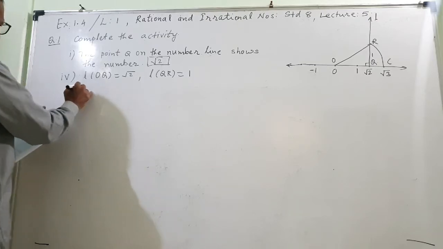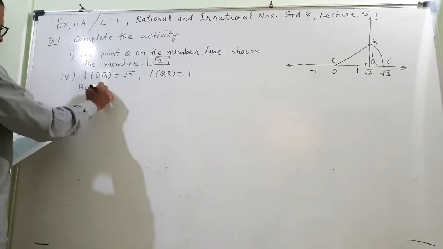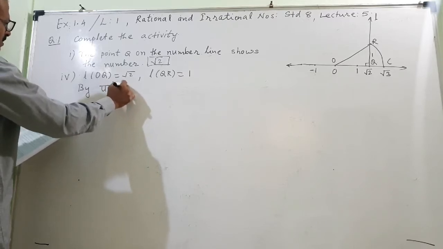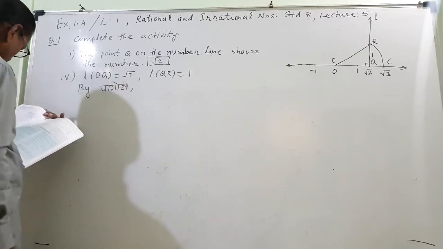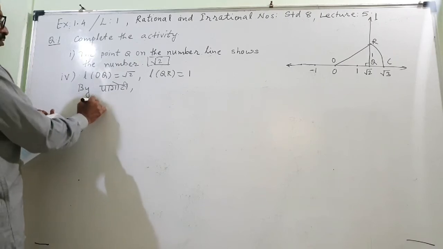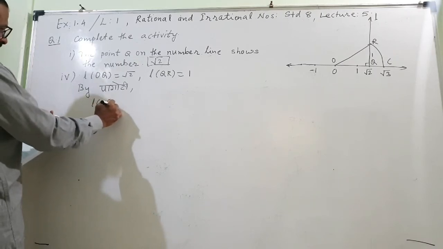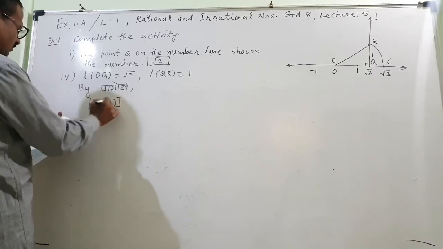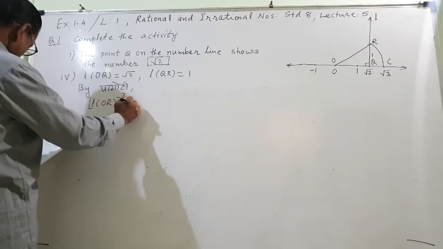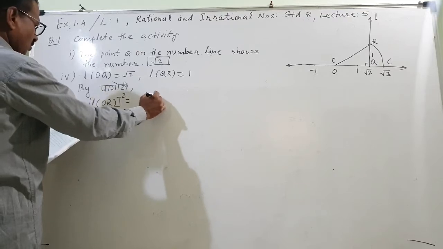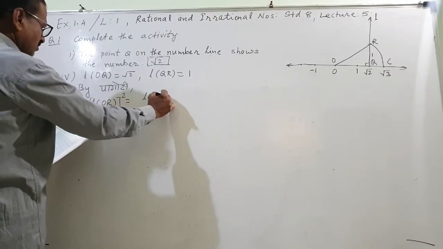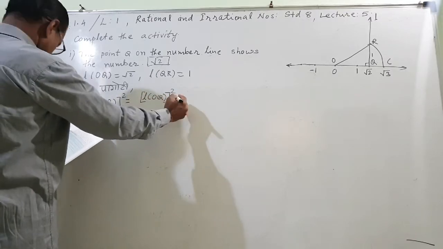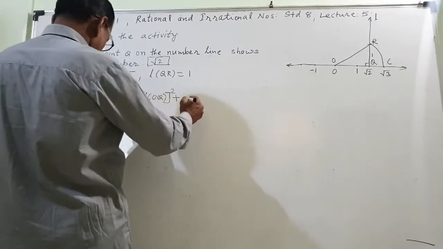So, by Pythagoras theorem, length OR square is equal to length OQ square plus length QR square.